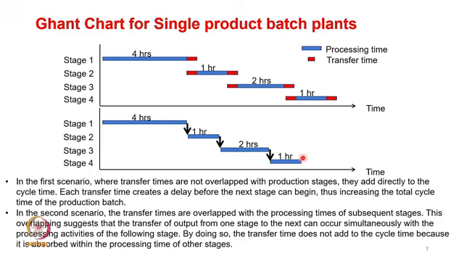So what we are showing is the schedule of operation, how stage 1 to stage 4 are scheduled. In the first case, you assume that there is a transfer time. In the second case, not. Such a graphical representation of the schedule is typically known as a Gantt chart, and we know that this is a single product batch plan. In the previous example that we have seen, we are only considering a single product.